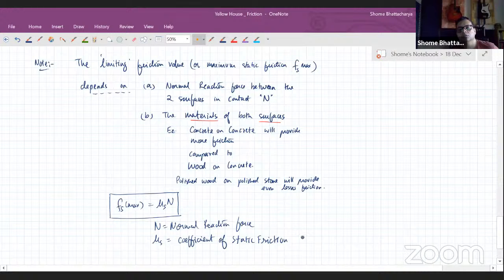It is basically a dimensionless or unitless constant. It does not have unit or dimension. This is just a ratio.